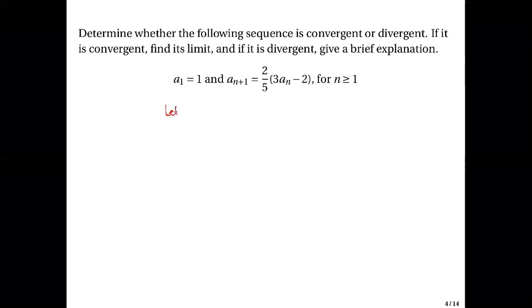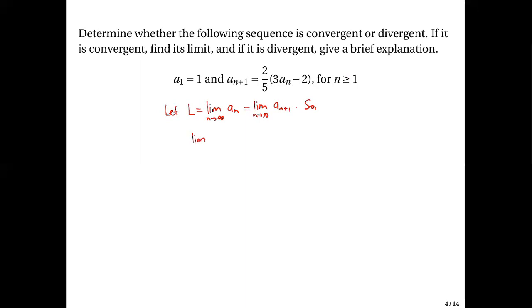We say let L be equal to the limit as n approaches infinity of a sub n. And this is also the limit as n approaches infinity of a sub n plus 1. Okay? So if we get the limit of this guy, this is equal to the limit of the other guy.